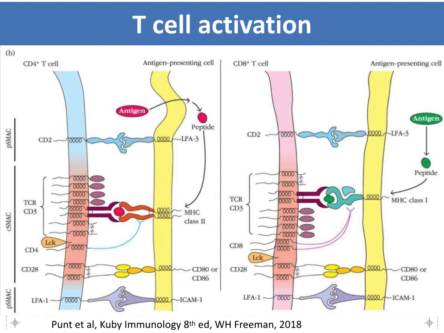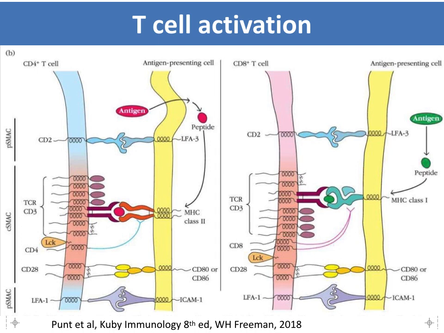On the right side, you have your interaction between a CD8 T cell and an antigen-presenting cell. This time, you have an MHC class I peptide complex being recognized by the T cell receptor. This is accompanied by other co-stimulatory signals like LFA3, CD2, CD80/86, CD28, similar to what we discussed previously, ICAM1, LFA1.